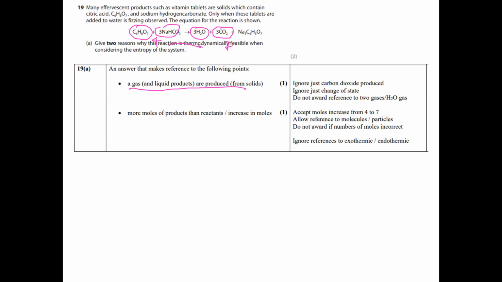The number of particles is increasing, and there will be a gaseous product. Then obviously entropy is increasing. Gas is produced from solid, more moles in the products than the reactants, so the entropy increases. So it's so easy. Those are the 2 points you have, right.